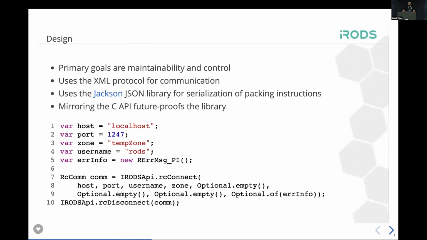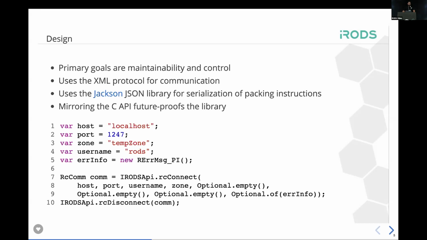The primary design goal for irods4j is that we wanted to make maintenance very easy, and we wanted to offer as much control in Java as people get in the C and C++ libraries. This is implemented on top of the XML protocol, mainly because it's easy to read XML. It's not about being as fast as possible at this point.